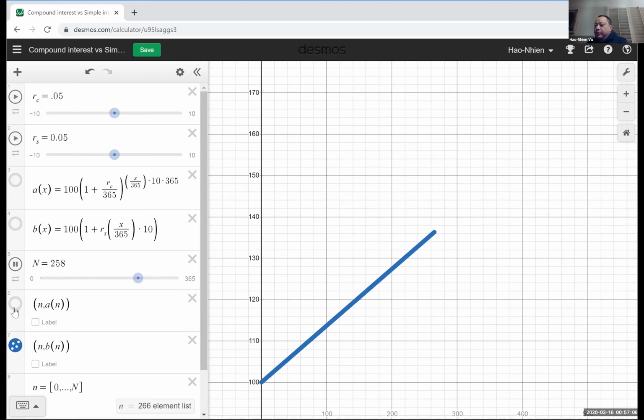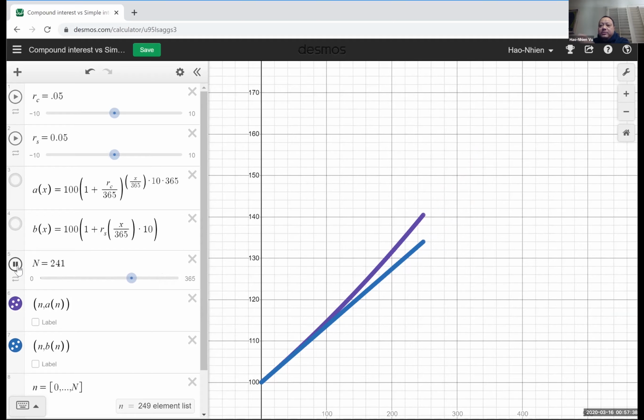It's more obvious if I show both to you. The blue line is the simple interest and the purple line is the compound interest. You can see that the blue line is straight, but the compound interest line is curving up and growing faster, and that's over a 10-year period. So the idea is that compound interest grows faster.